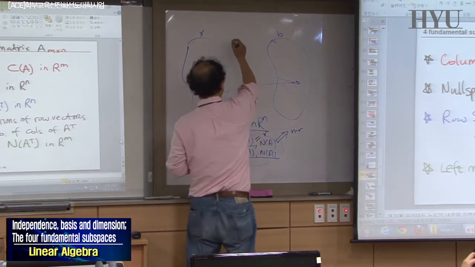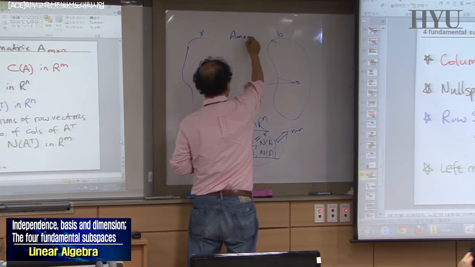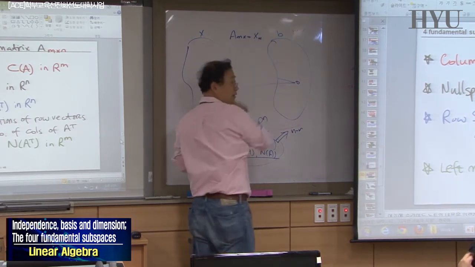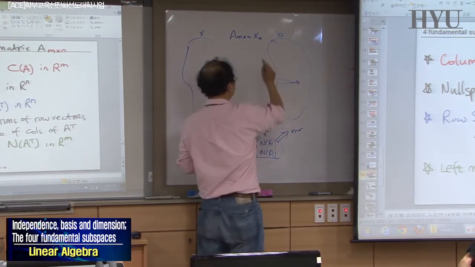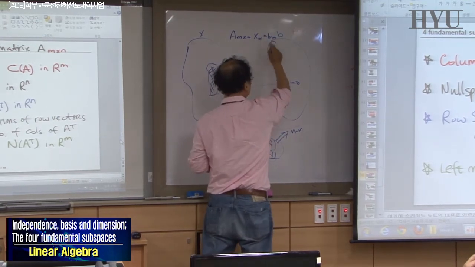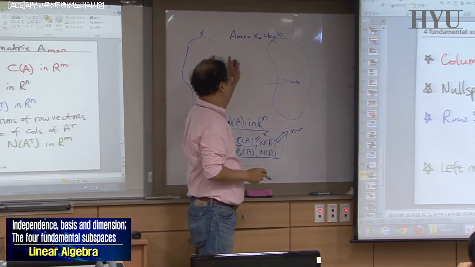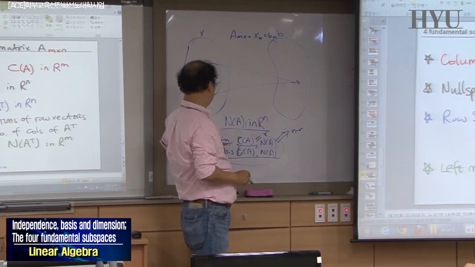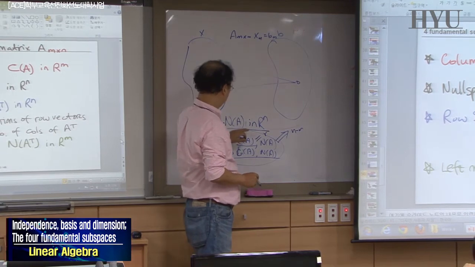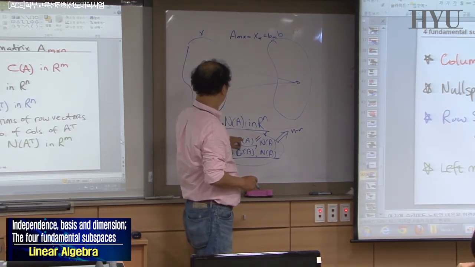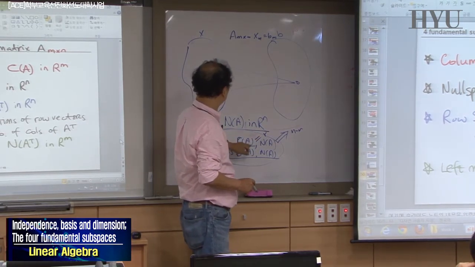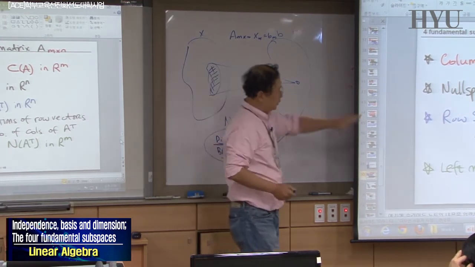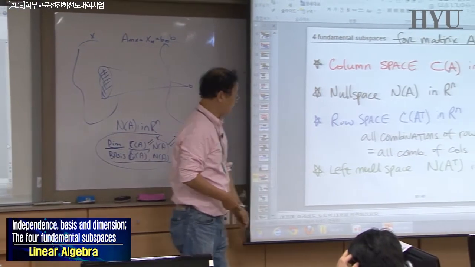We always say A, an m times n matrix, with x should be n, and then this one is b in R^m. That's why. All these possible b values are the column space, and that's the way we can compute the null space and column space.